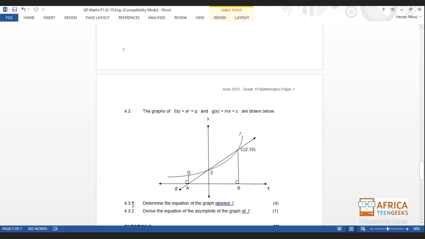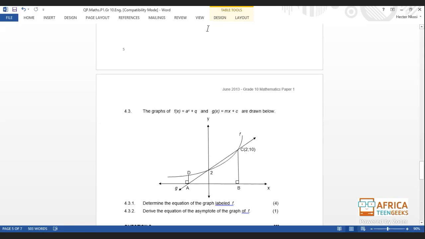Now, 4.3.1 says determine the equation of the graph labeled f. So you must determine the equation of the exponential graph. Here you are given 2 points. You are given this point, which is (0, 2). You are also given point C, which is (2, 10). So you've got 2 points where you can calculate your f of x, right?